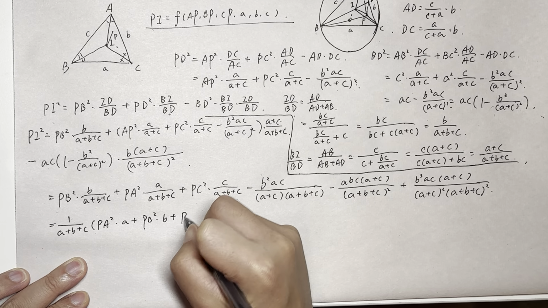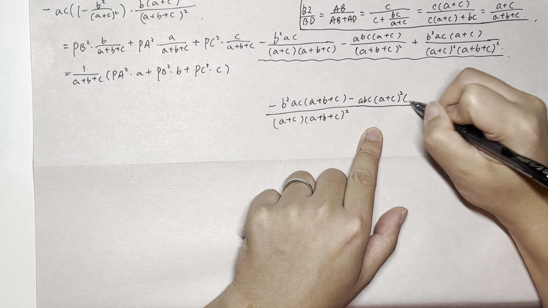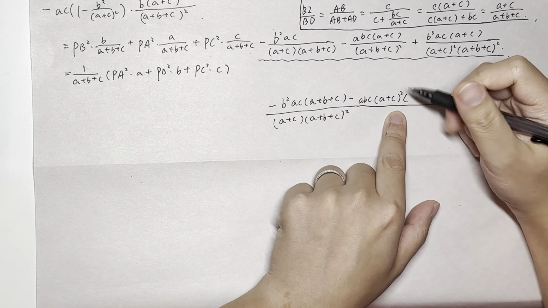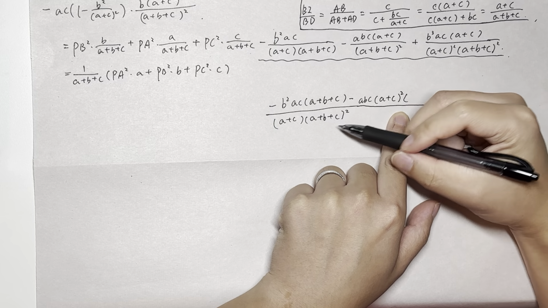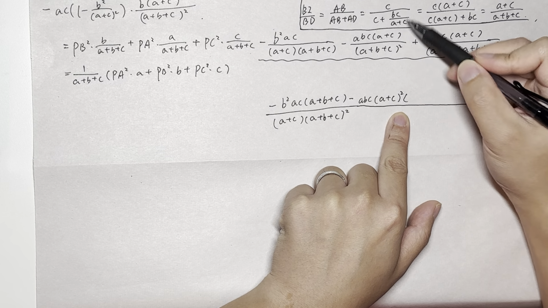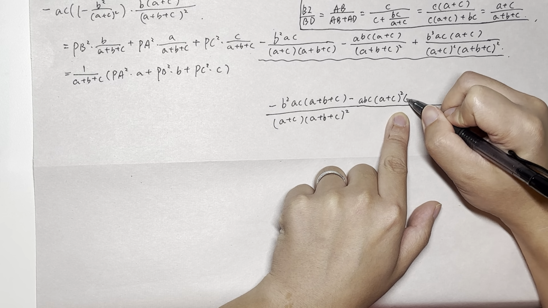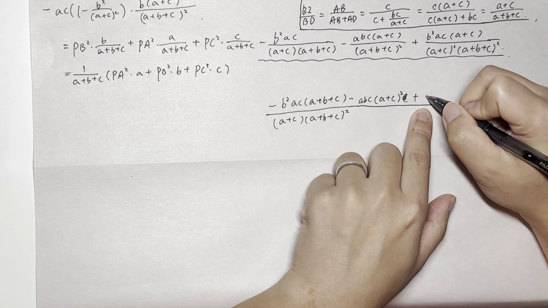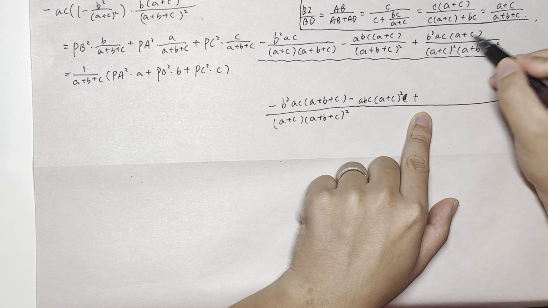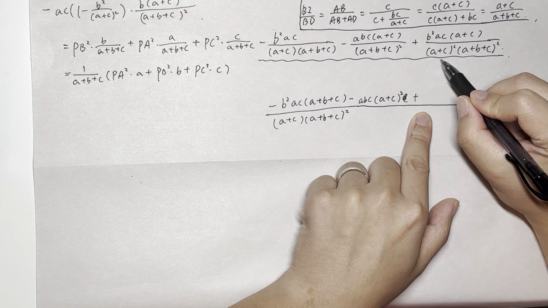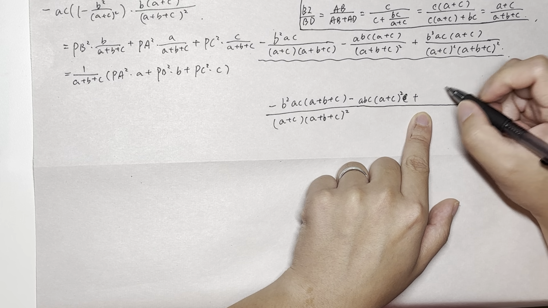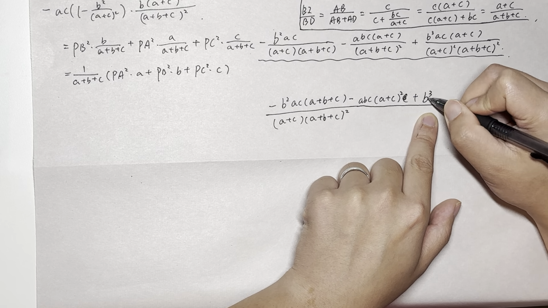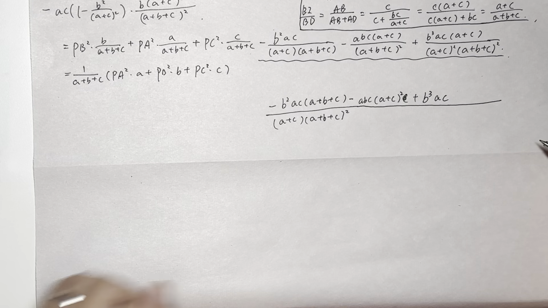Minus ABC times A plus C squared times A. We just multiply A plus C on the top and bottom at the same time, and plus. For this one, A plus C cancels one of this A plus C square, right? So we got B to the power 3 AC, that's all.